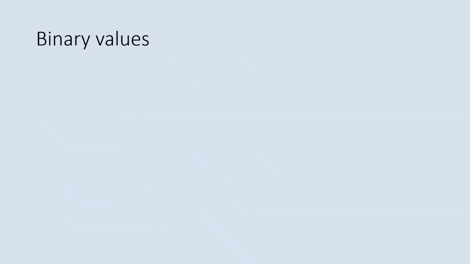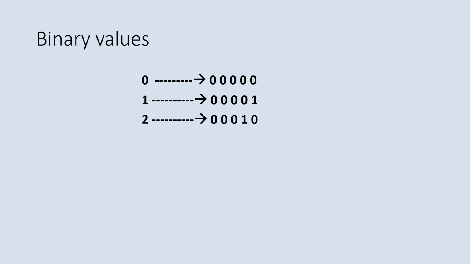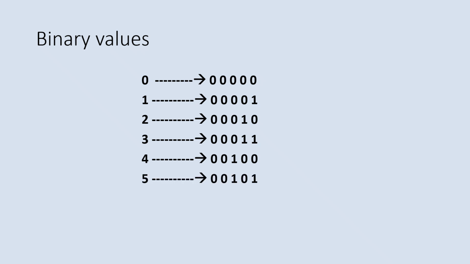So looking at those binary values, if all the fingers are closed, that corresponds to the number 0. Just having the pinky finger extended is the number 1. Number 2 is just the ring finger. 3. 4 is just the middle finger. 5, middle finger and pinky finger.